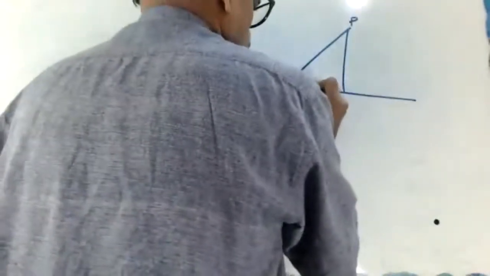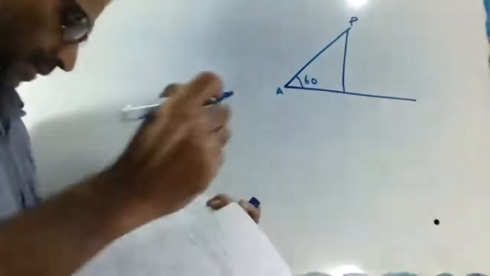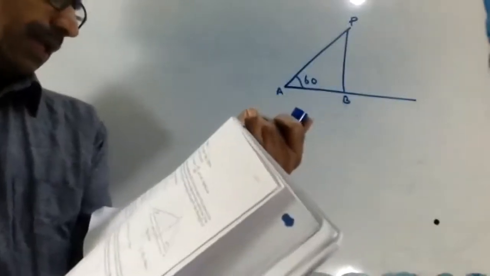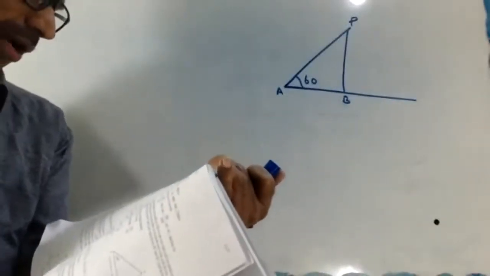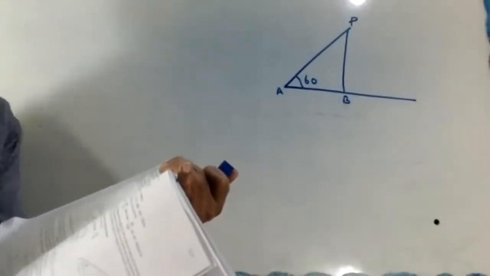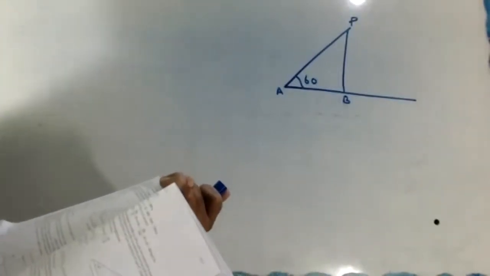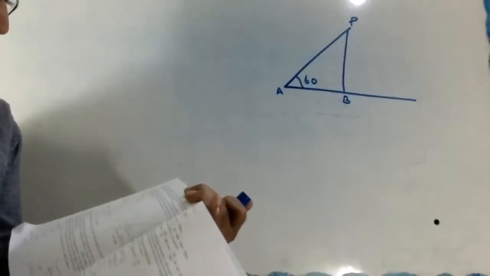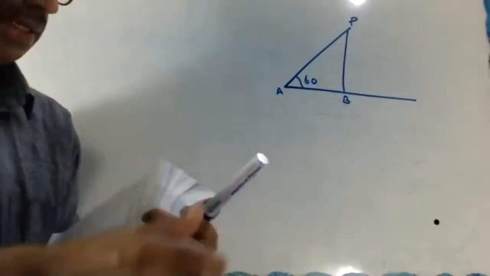This is 60 degrees. A, then B here, P the original position. Then after a flight of 30 seconds, the angle of elevation changes to 30 degrees.